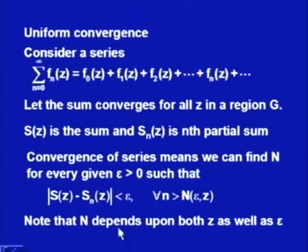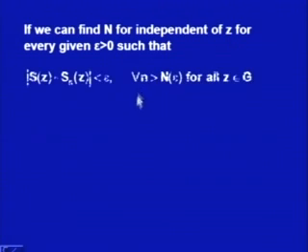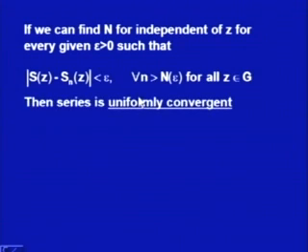Note that N depends upon both z as well as epsilon. However, if we can find capital N which is independent of z for every given epsilon greater than 0 such that the modulus of the difference between S z and S n z is less than epsilon for all n greater than N, which is a function of epsilon only, then we say that the series is uniformly convergent.